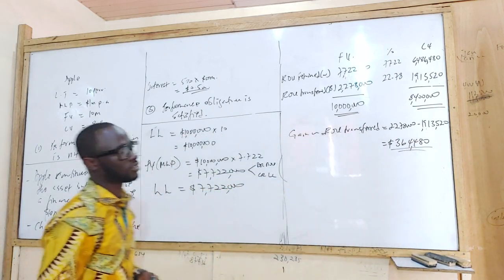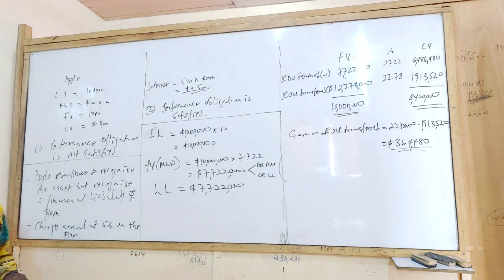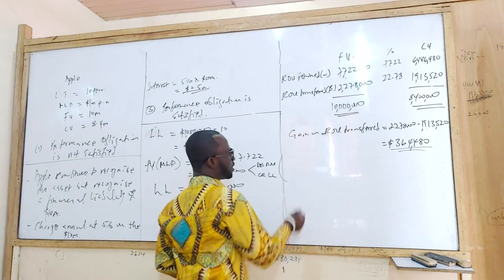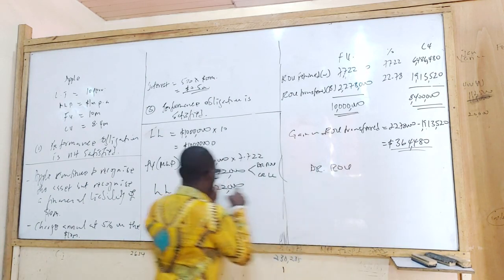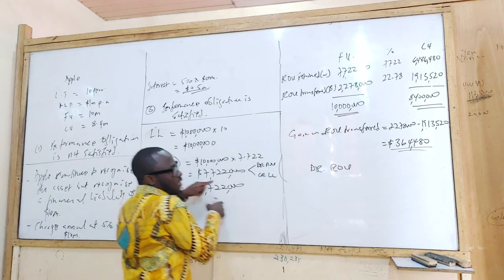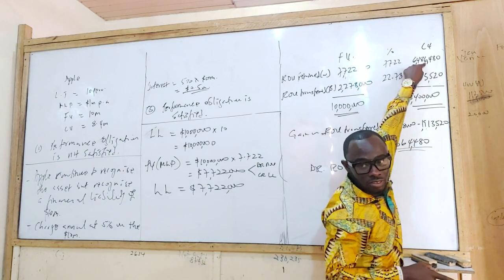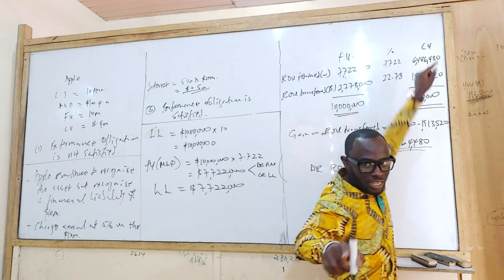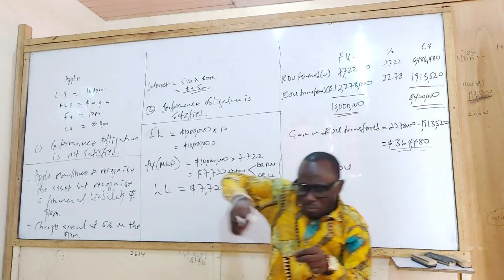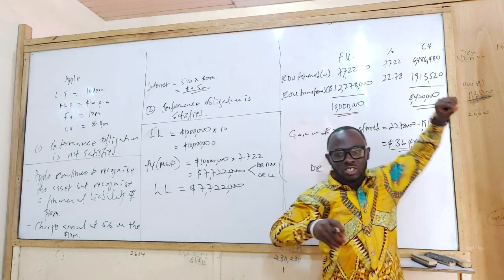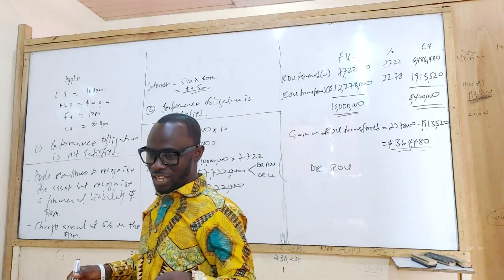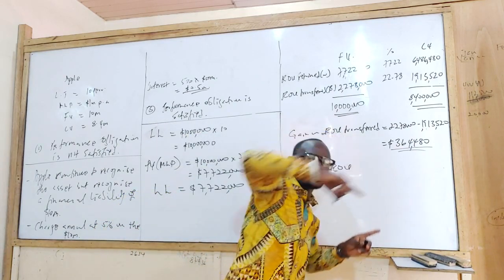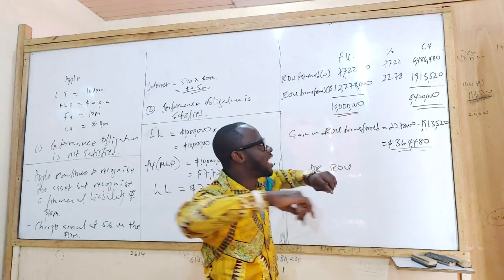That's it. So what will be the double entry for these things? Number one, we debit right of use, not with this figure, but with what? That was the principle we said: you recognize right of use as a proportion of the previous carrying value in the underlying asset.